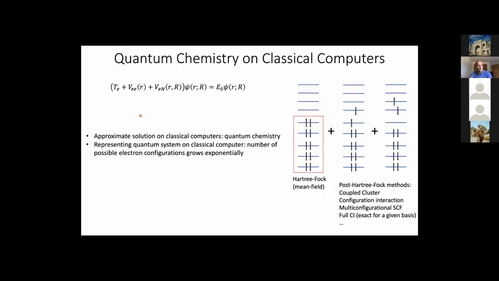So how do we do this on a classical computer? Quantum chemistry deals with these kinds of problems, where we find approximate solutions. One would usually begin with a mean field method like Hartree-Fock, which basically assumes that the electrons move in the field created by all other electrons, and is represented by this lowest energy electron configuration, which recovers most of the energy.